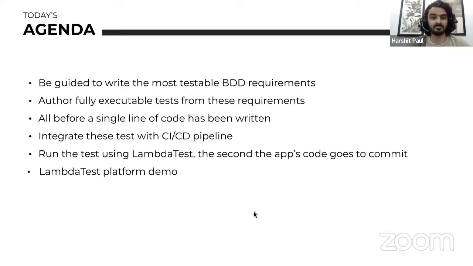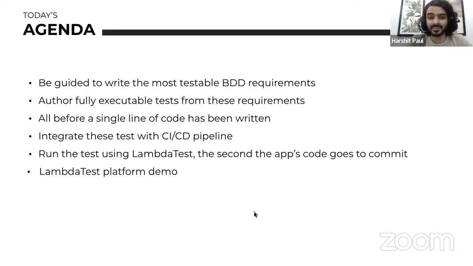Having said that, we can hop into today's agenda. We'll be diving deep, right from the beginning, into what BDD is, how you can write the most testable BDD requirements, and how you can cover them in your test suites and make them fully executable on the basis of your testing requirements.